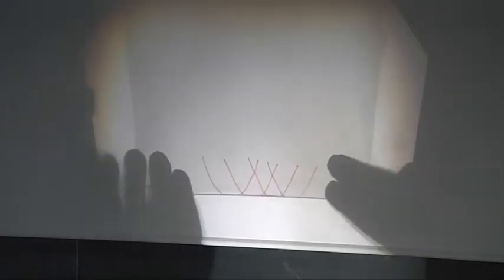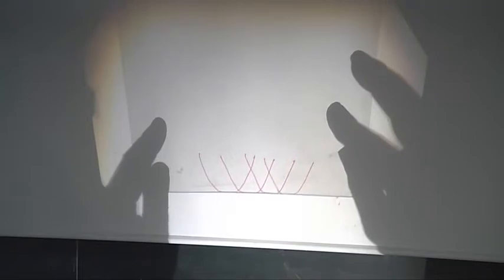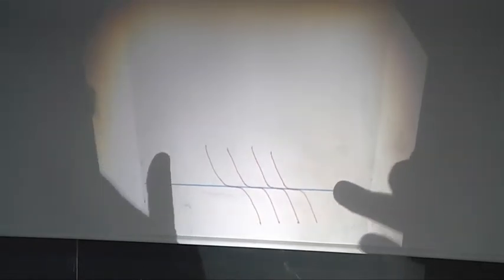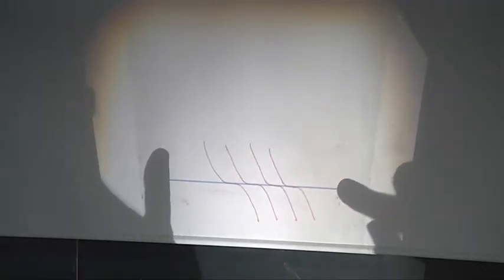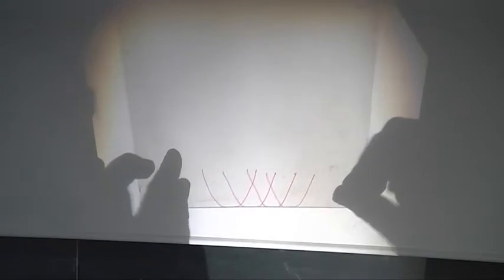And I want to show this phenomenon. You see the picture of the parabolas here. Okay? And now I take my paper, and now you see a foliation. Okay? And this is the fold, the transformation.